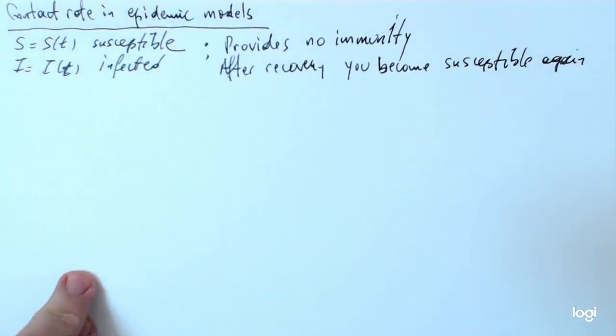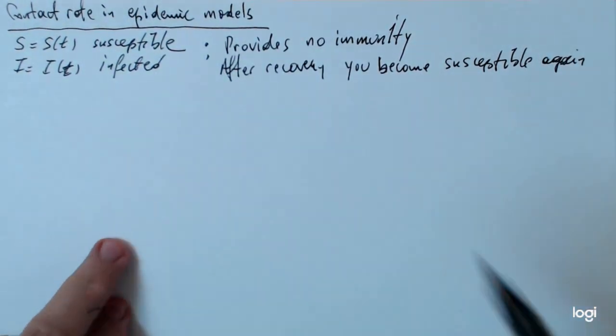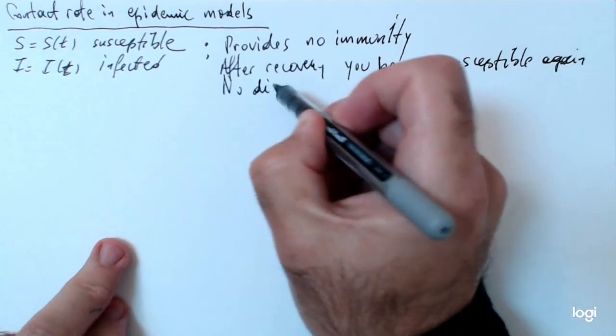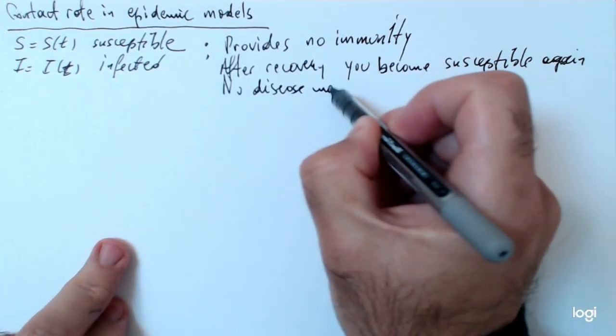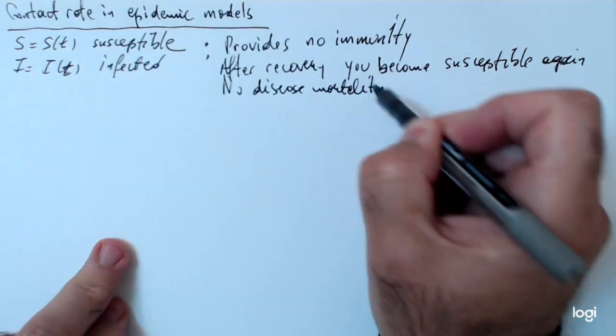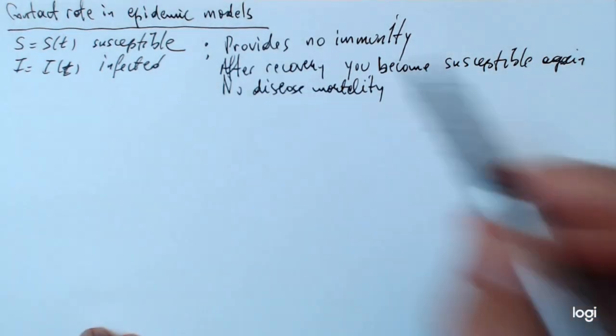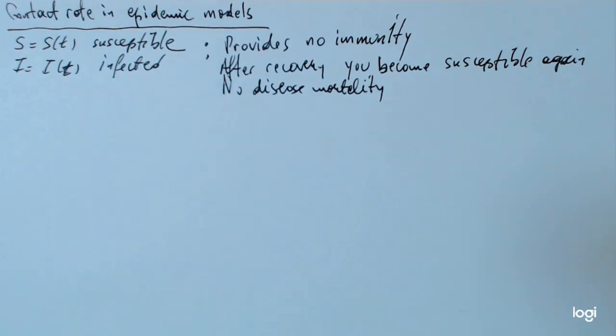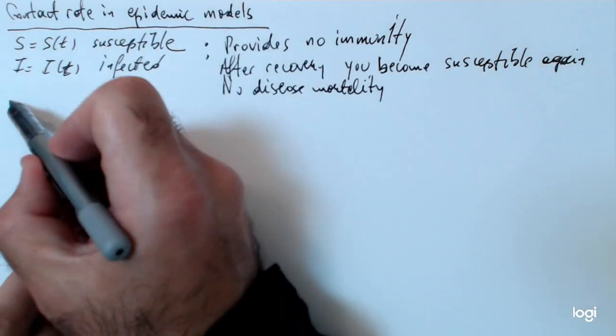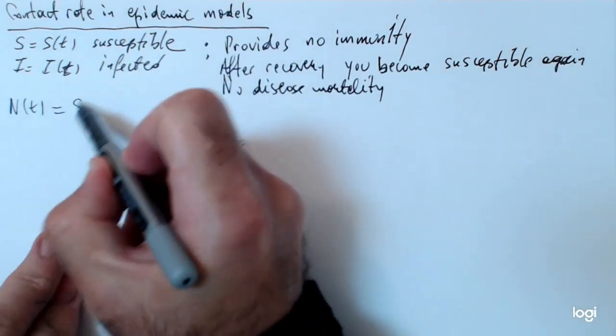And let's say there is no disease mortality, or basically a disease that you don't care about unless the symptoms are bad. So no disease mortality.